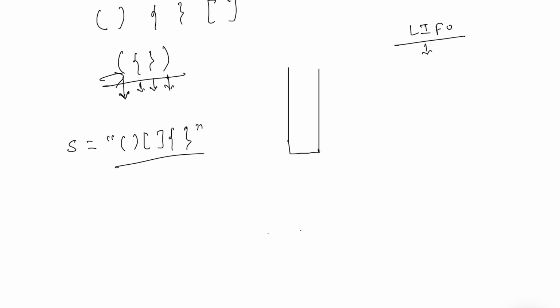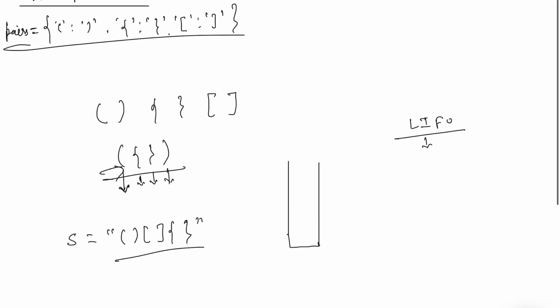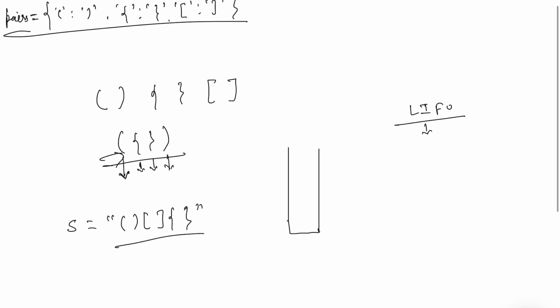Okay. So now see here, I have taken inside pairs. So what I will do, I will check here. Pair is what? Key and value. So for each opening bracket, that is key, its value will be its corresponding closing bracket.